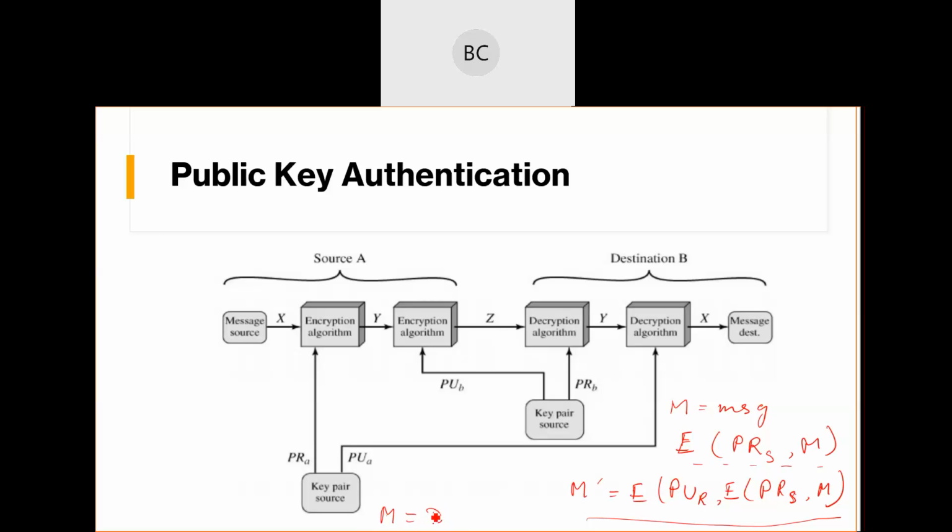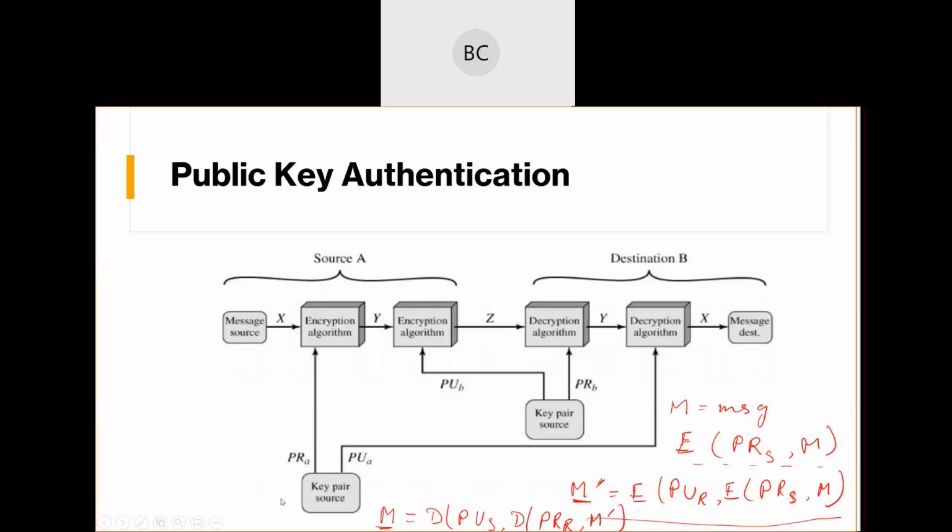You will get the original message by decrypting it with the public key of the sender, then again decrypting with the private key of the receiver and your encrypted message. This is for your decryption and this is for your encryption. So this is your ciphertext and this is your deciphered text or normal plain text.